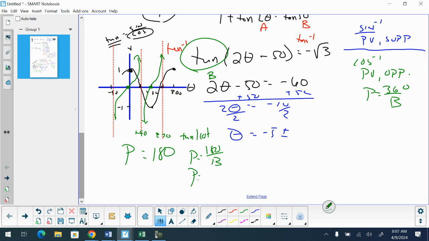So the period is going to be 180 divided by 2, or 90. So if you look at my solutions, you went through this problem, you looked at a solution, you said, well, how did I get 90 degrees rather than 180 because our b value was 2? And this is the reason why.